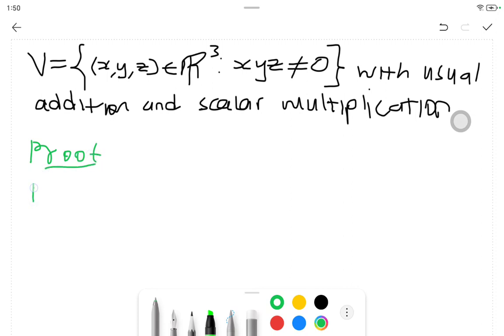For me to prove this, first I need to check closure under addition. We agree? I'm going to check closure under addition.